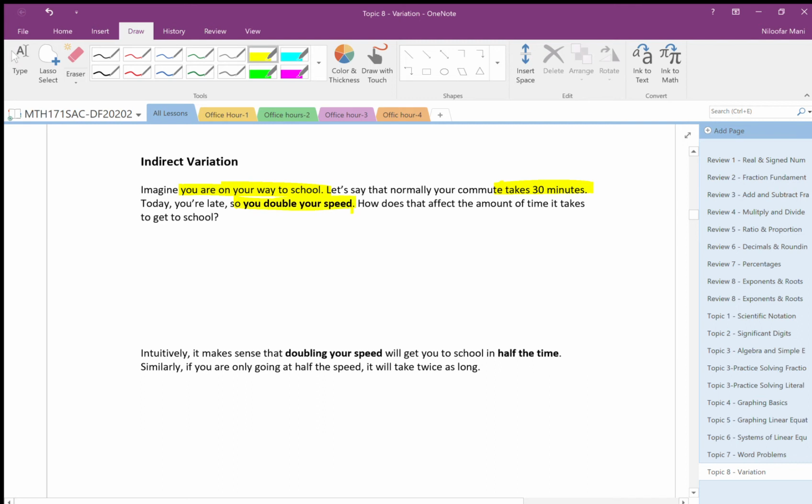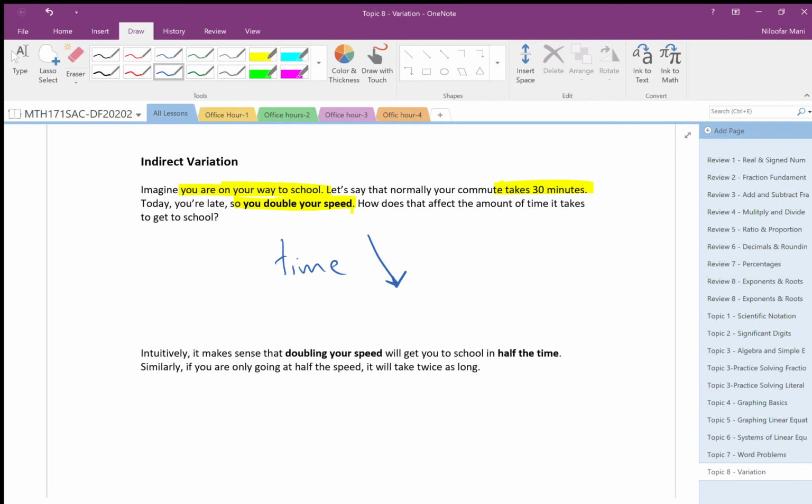You double your speed, so of course it shouldn't take you 30 minutes, it should take you less because you are going faster. So the time has to go down. Speed goes up, time goes down. So this is indirect variation. They vary, they change, but indirectly means opposite: one of them up, one of them down.